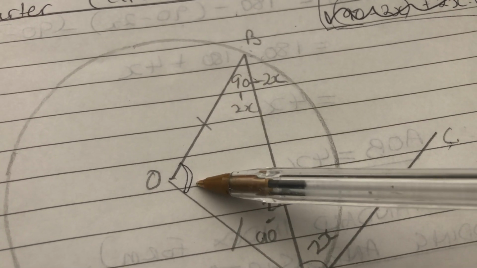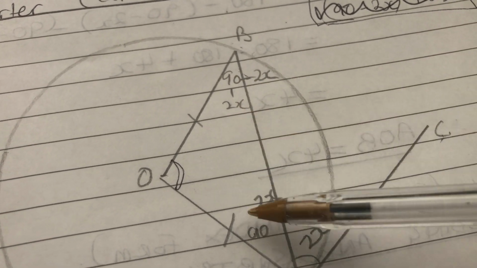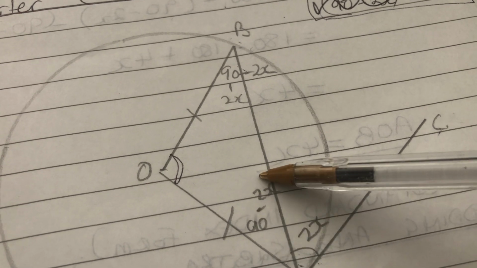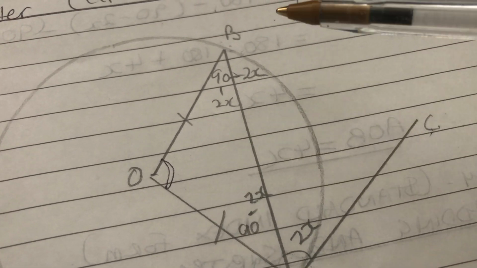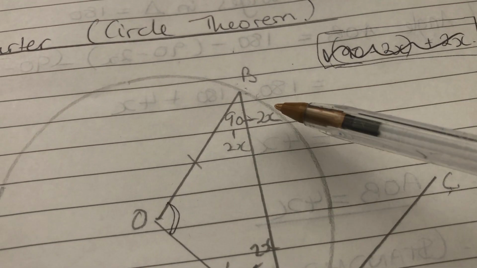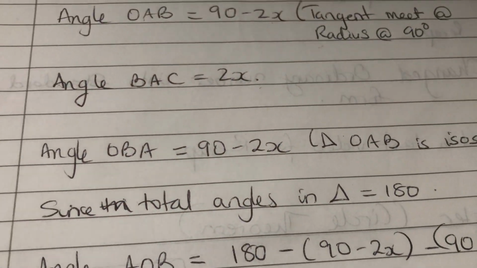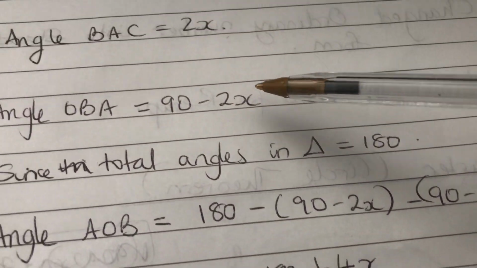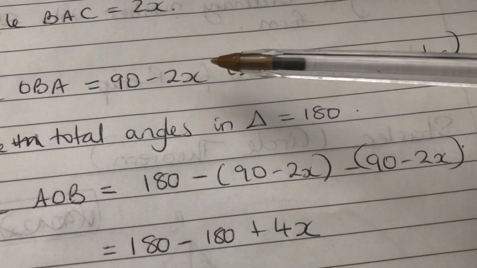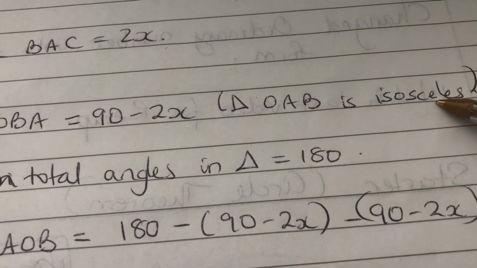So something added to 90 minus 2x plus another 90 minus 2x should be equal to 180. So that's the angle at B, the angle at A. So angle OBA is 90 minus 2x, because the triangle OAB is isosceles.